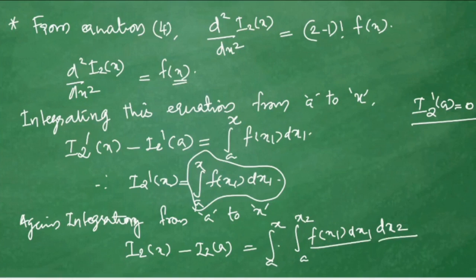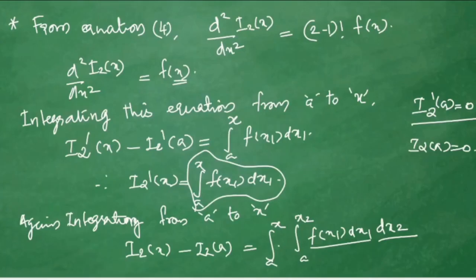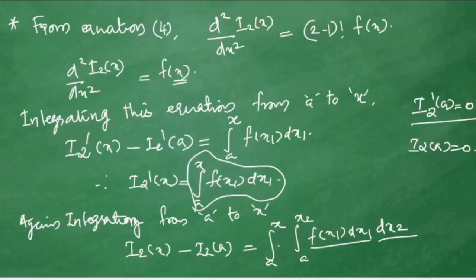Again we have I2 at a is equal to 0. Therefore we have I2 of x equal to integral a to x, integral a to x2 f of x1 dx1 dx2.